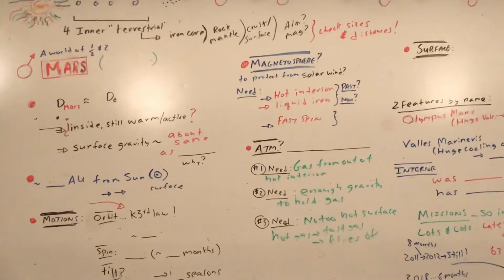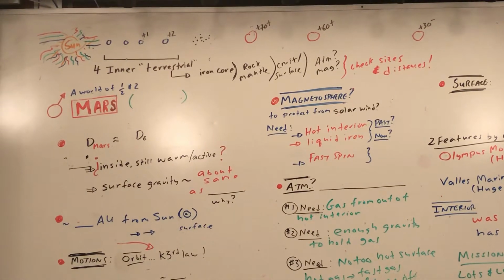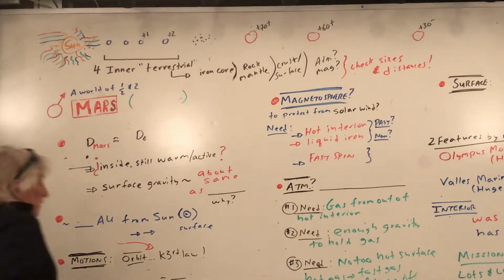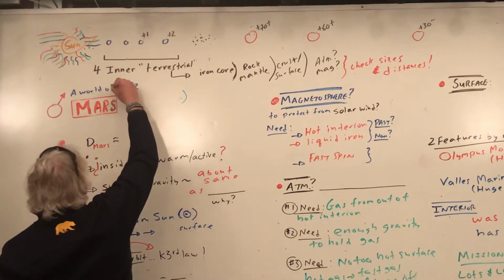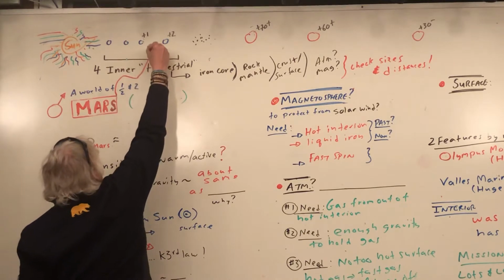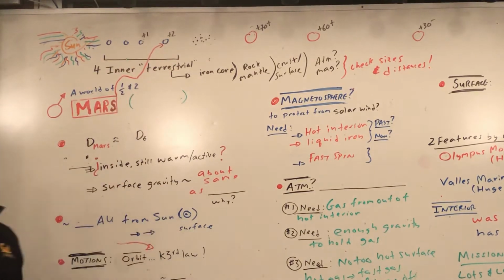Well, we know which one it is, right? My very excellent mother. So, oh yeah, it's this one right here, isn't it? There's Earth, right? 1 AU, so it's more than 1 AU from Sun. How much more?